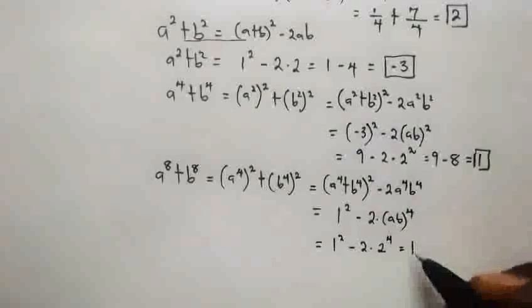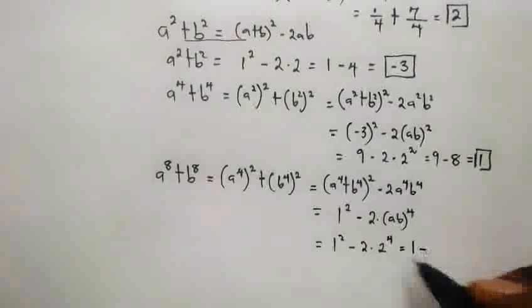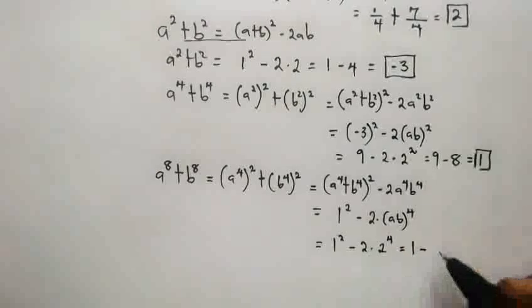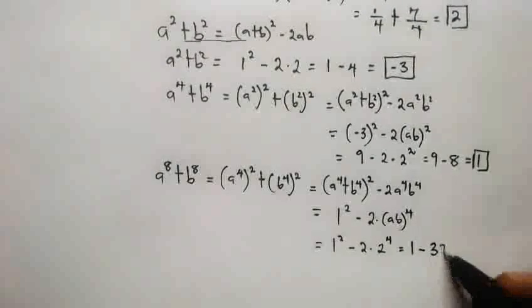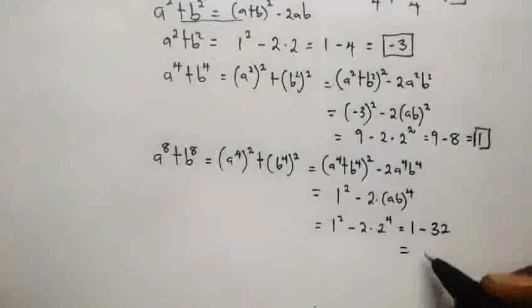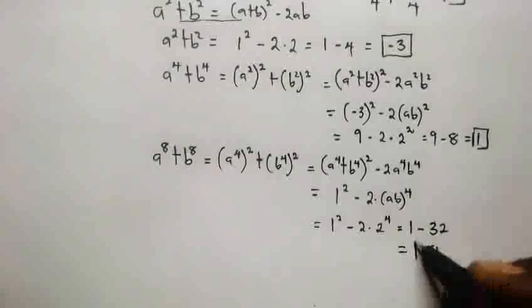So this is equal to 1² minus 2 times (AB, which is already 2)^4. 1² is 1, then minus 2 times 2^4, which is already 16, and 16 times 2 is equal to 32. So this is equal to 1 minus 32, which is negative 31.